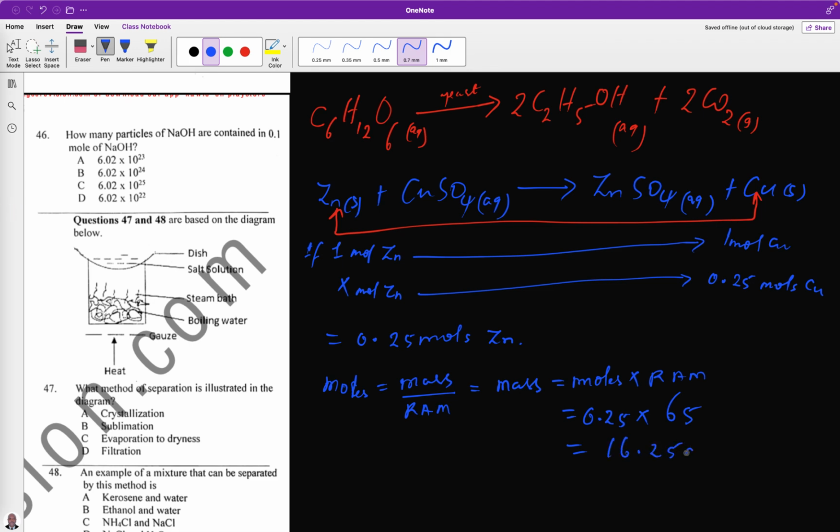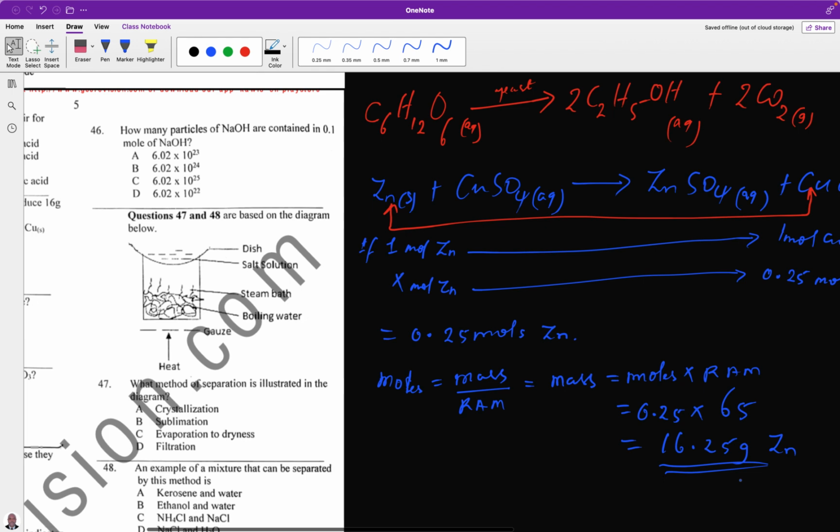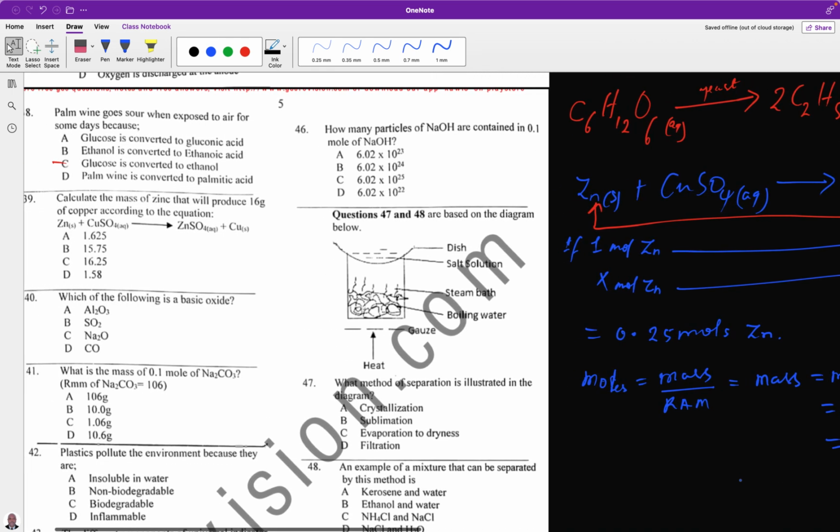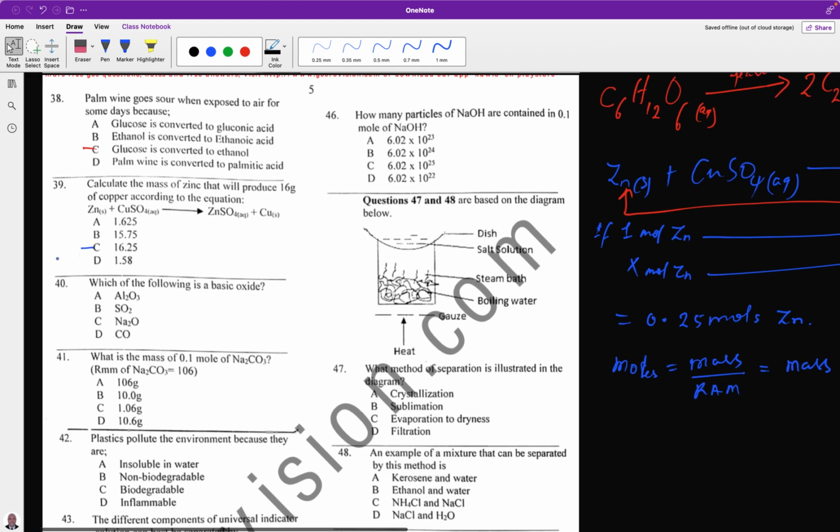We go to our answer column, and 16.25 is C. So question number 39 is 16.25, which is C.